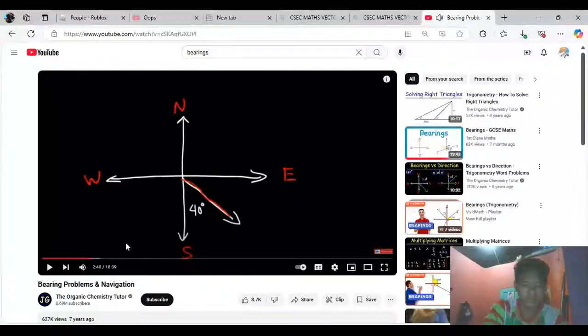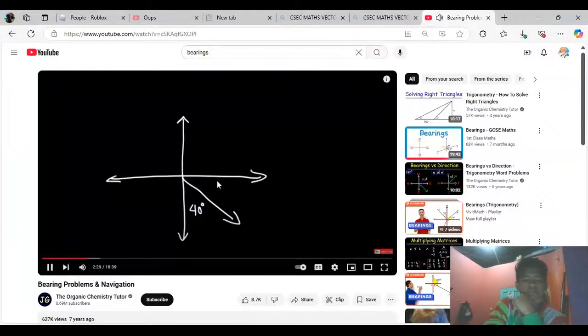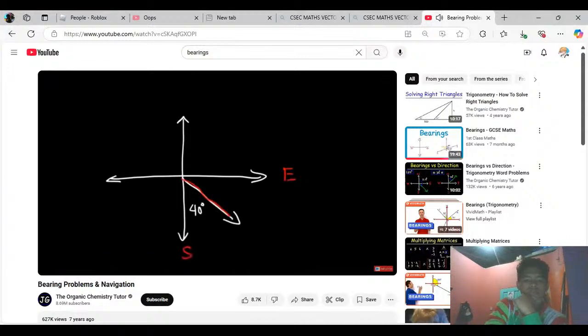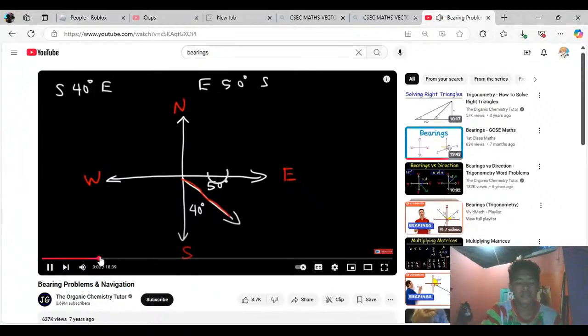So what they want is a flying bearing? If you look at this, it is a 90-degree angle. So you have to subtract the 40 from the 90, and we have a 50-degree angle going right here. Yeah, 50 degrees. I was correct.